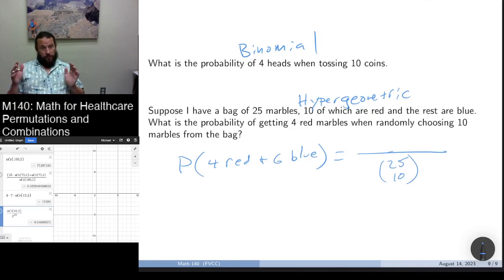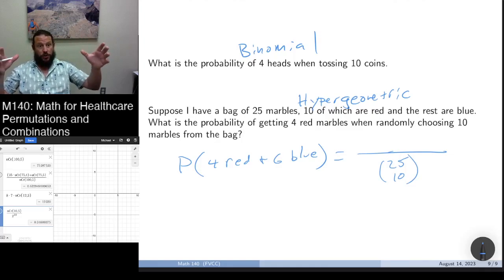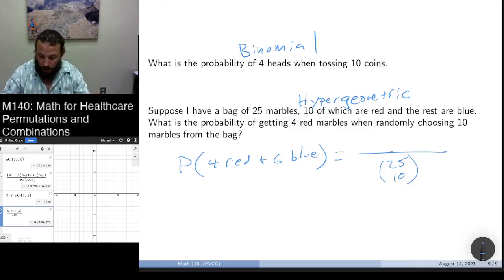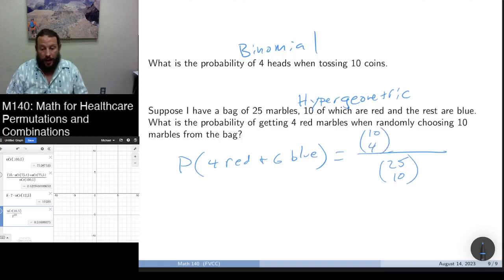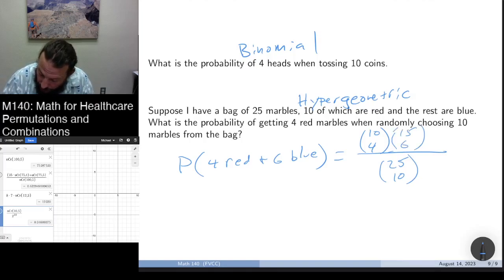So we're just going to use multiplication. Here we picture them in 2 different bags. All the red ones are in one, all the blue ones are in the other bag. My bag of red ones has 10, and I want to choose 4. Then my bag of blue ones has 15, and I need to choose 6 there.